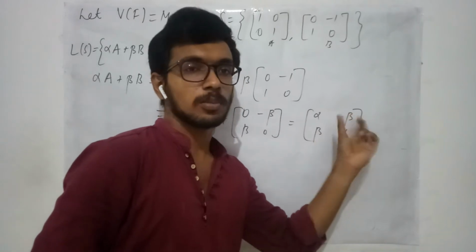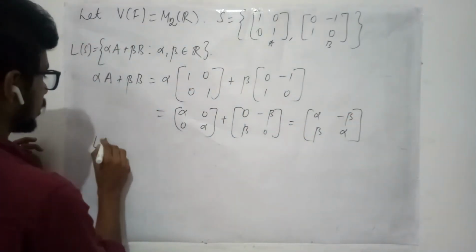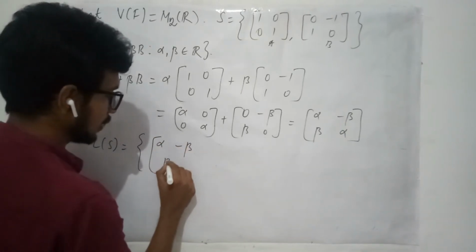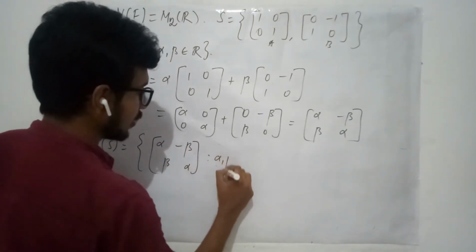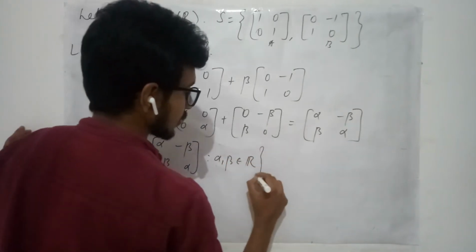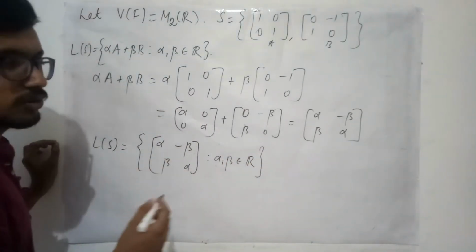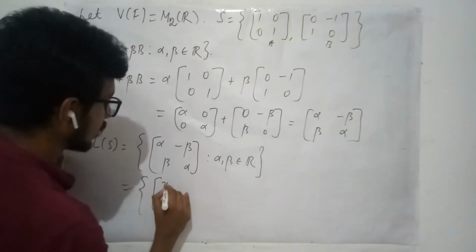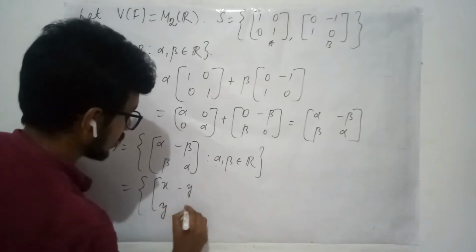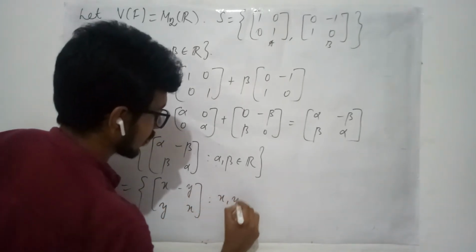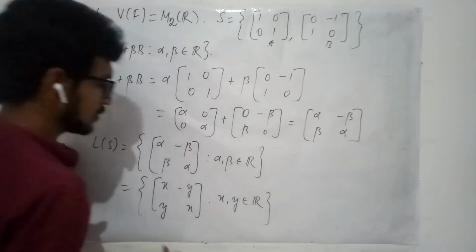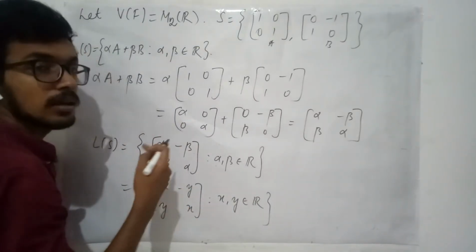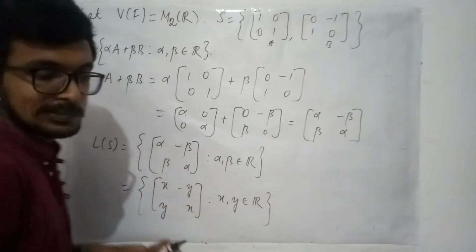This beta value is going to be present in these entries. So your L of S is simply [alpha, -beta; beta, alpha], where alpha and beta range over R. Usually we write x and y, so if we change to that notation we will have something of this form. What we are denoting is that these two entries have to be the same, and this entry has to be the negative of this entry. That's it.